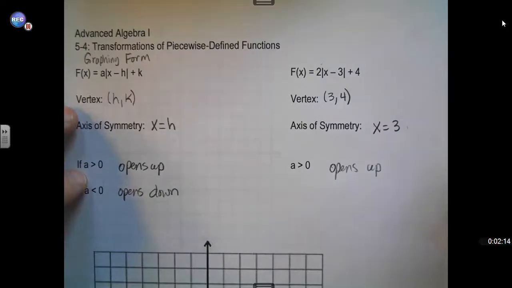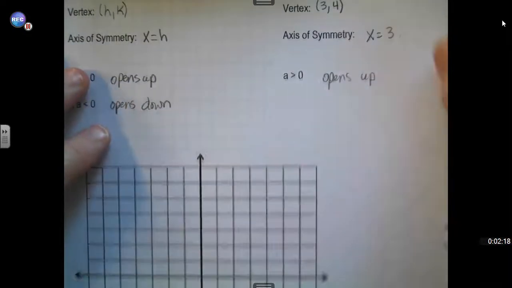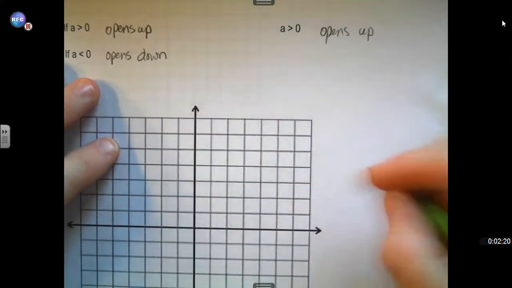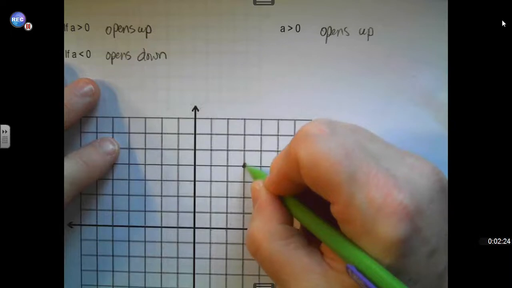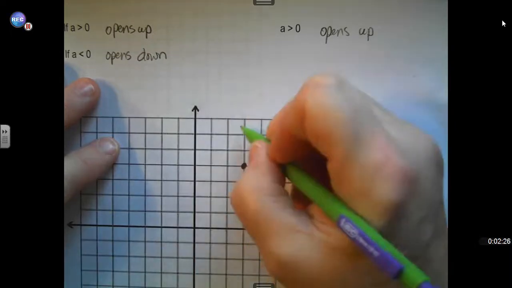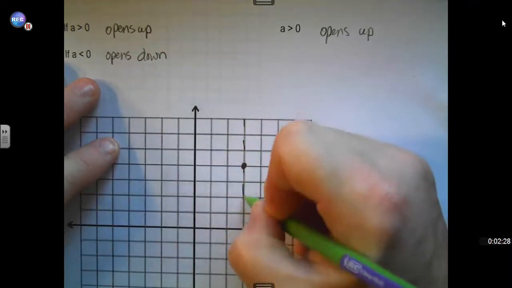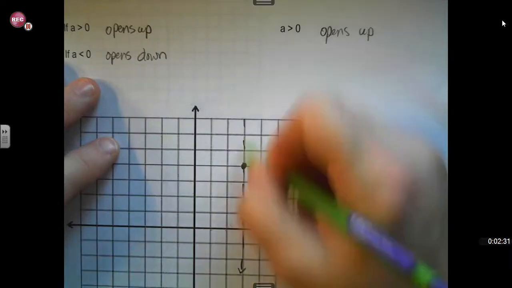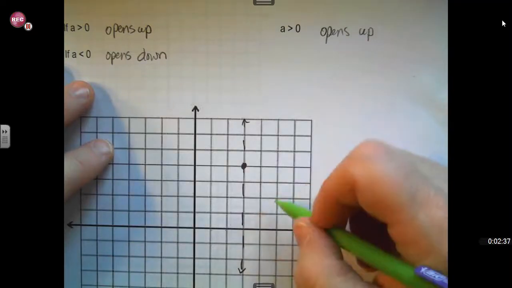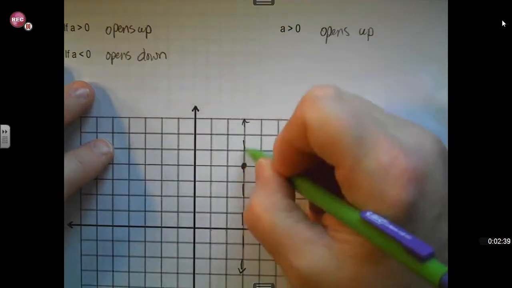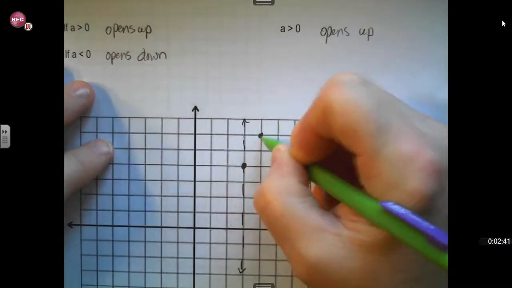And then we're just going to graph that. The vertex is (3, 4). The axis of symmetry is that vertical line that goes down through there. And then I can plot points. The slope is 2, so I can rise 2, run 1, going both directions.